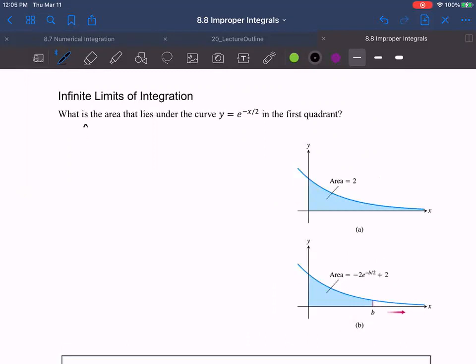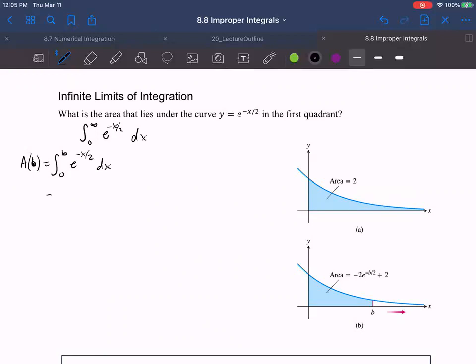We've got the integral from 0 to infinity of e to the negative x over 2 dx. So what we want to do is find the area not from 0 to infinity, but from 0 to b, right? And we can call this the area out to b, okay? And we'll do e to the negative x over 2 dx.